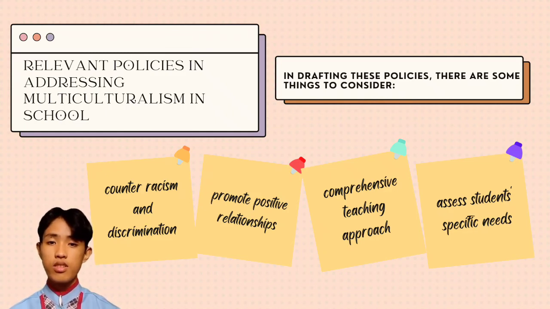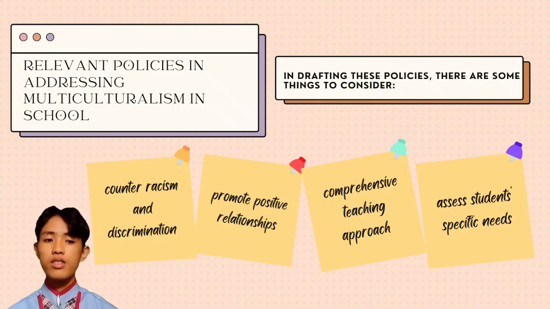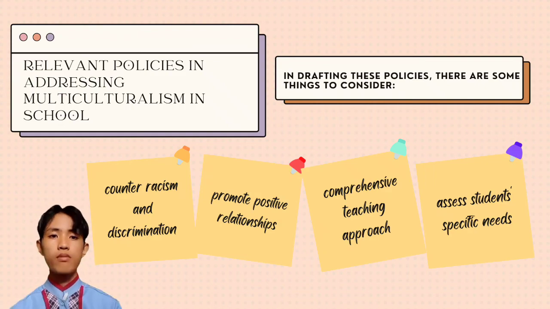That means to discuss things in a larger scope or in a larger perspective. Number four, assess student specific needs. Schools should assess students with specific academic needs or problems, especially those who are new to the environment. Students of diverse backgrounds could manifest different problems or needs, and so the school should act upon them.